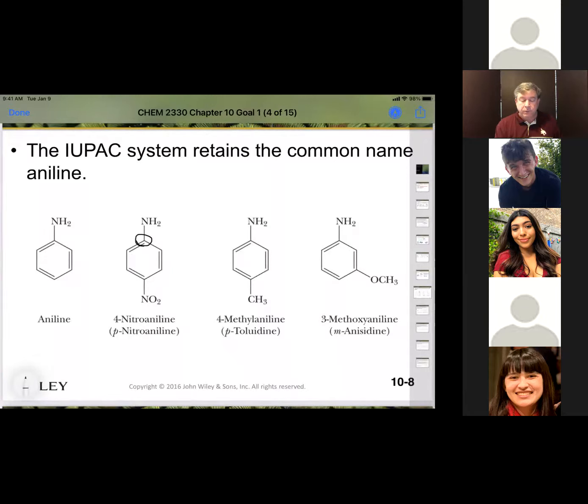And so we have 4-nitroaniline, 4-methylaniline, and in this case, 3-methoxyaniline. Now they all have special names. This is toluidine and anisidine, but the IUPAC name is always correct. So don't worry about the special names here.